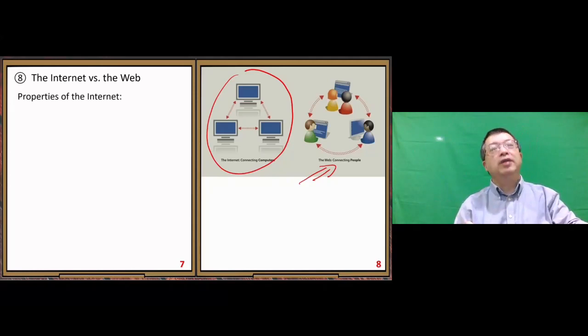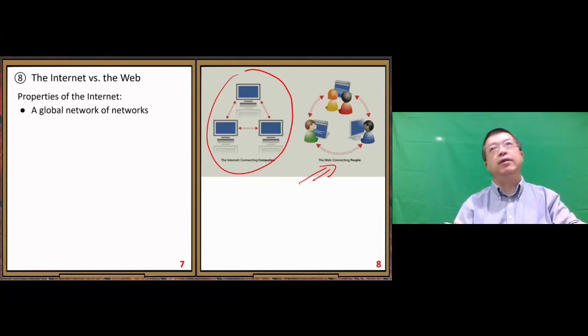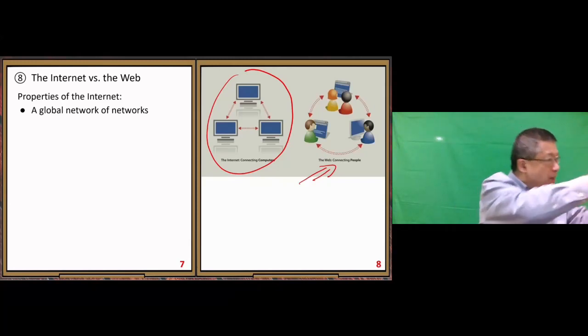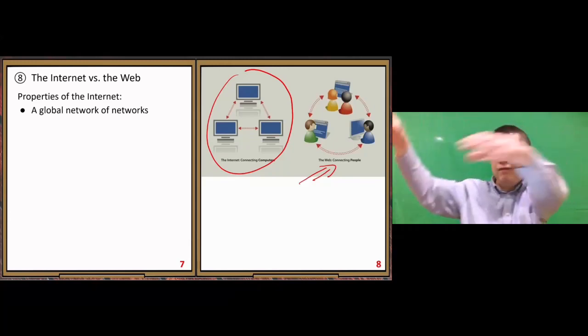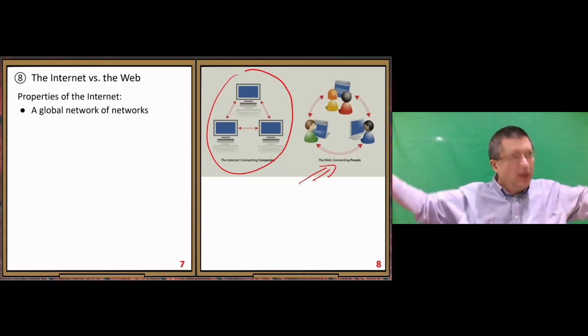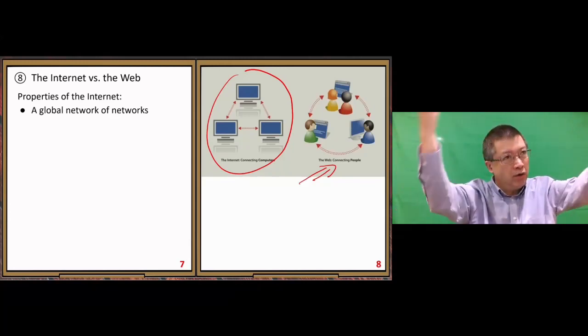Properties of the internet. First, it is a global network of networks. There are many small networks in the world. Each company has its own network, but the internet connects all those networks in the world to form a global network.